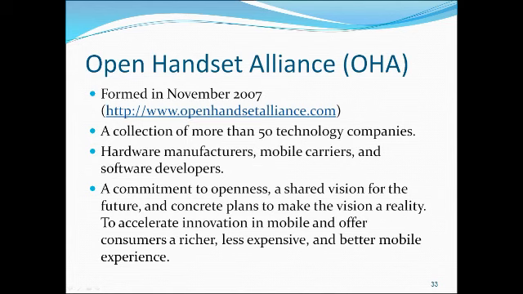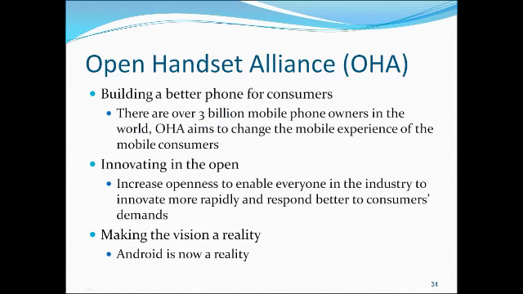They wanted to accelerate innovation in mobile and offer consumers a richer, less expensive, and better mobile experience. They wanted to build a better phone for consumers, and they wanted innovation to be in the open. And they did make this a reality, and that is what we have today, Android.